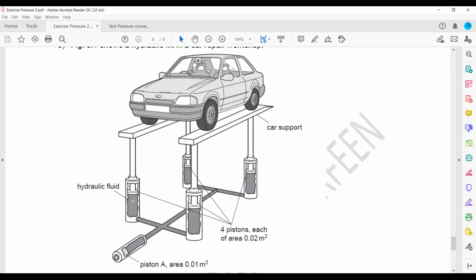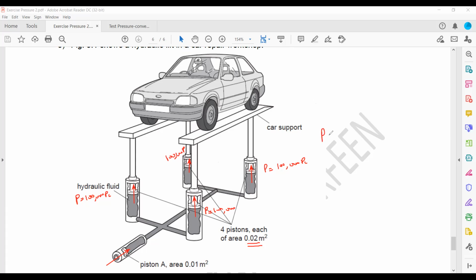The pressure, as we already calculated, here is 100,000 Pascal, and here also the pressure is 100,000 Pascal. So we can calculate the force, and the area of each is 0.02. We can calculate the force by one piston and multiply it by 4, so we'll get the total force.